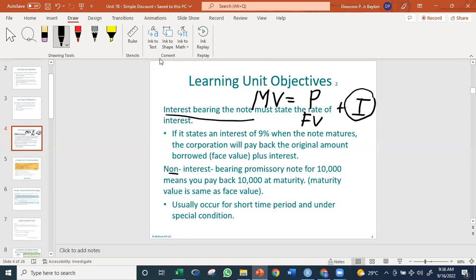However, for a non-interest-bearing promissory note, this is equal to 0. So there is no interest. Therefore, the maturity value will be the same as the principal or the face value. Usually notes are for a short-term period only, and under special conditions, especially a non-interest-bearing promissory note.